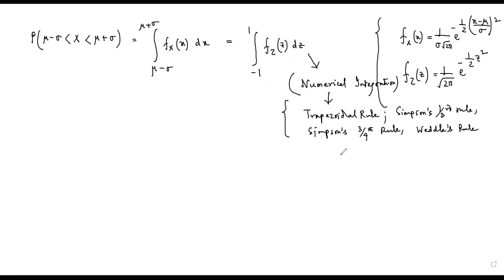And not only this, nowadays ready-made online C programs for these methodologies are available. So you can do two things. You can go to any online site where the program of the trapezoidal rule and Simpson's one-third rule is written, just put the limits minus 1 and plus 1, give the expression of the function, and you will see that the probability is calculated instantly.